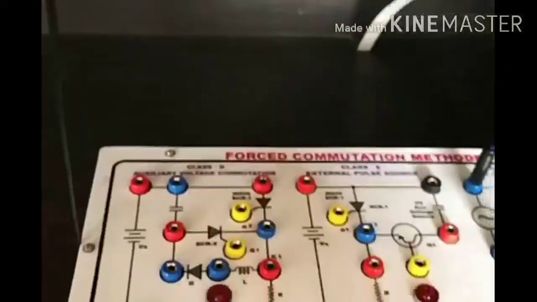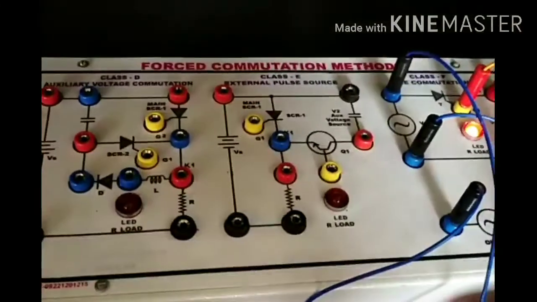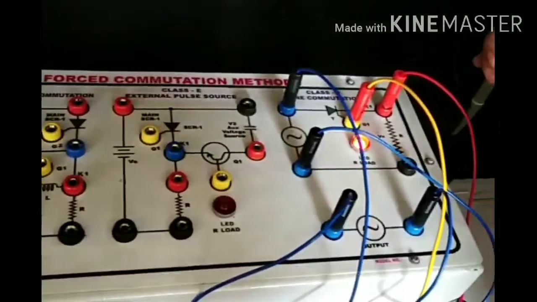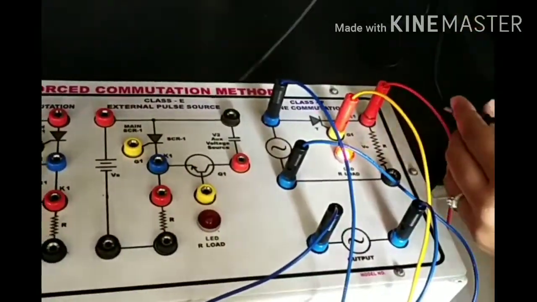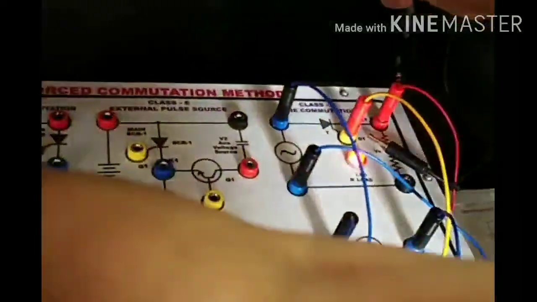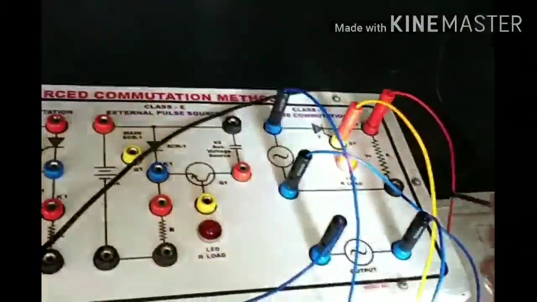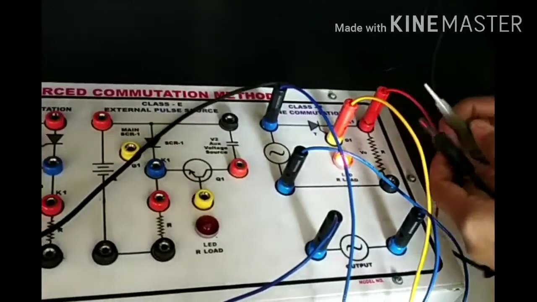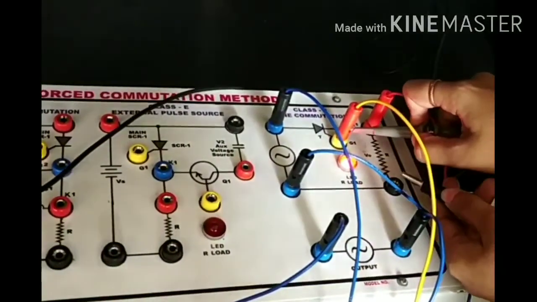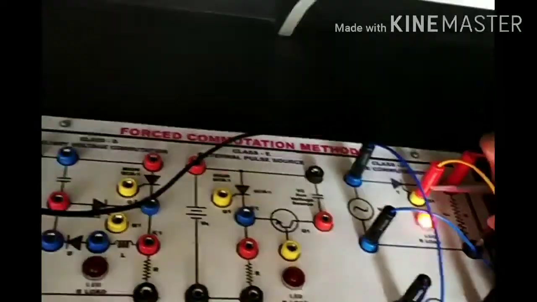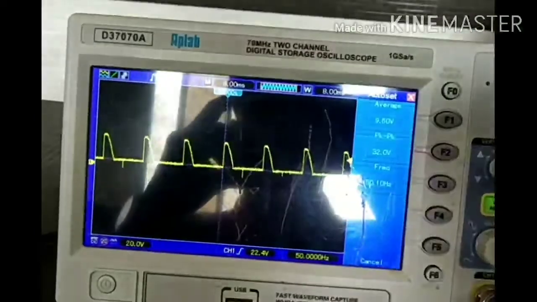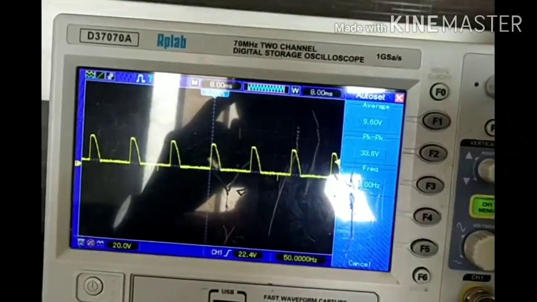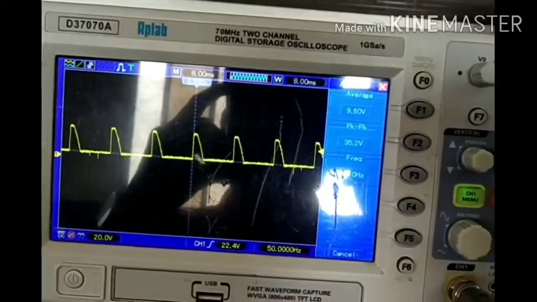So first of all we start this kit. And we check. Okay, that is the gate pulse. If you see on the DSO, this is the gate pulse, that is nothing but Ig. Now we check the input supply voltage.